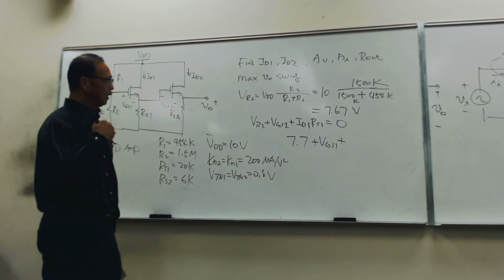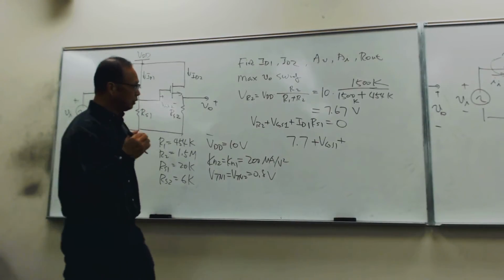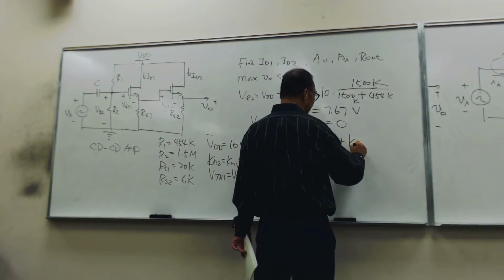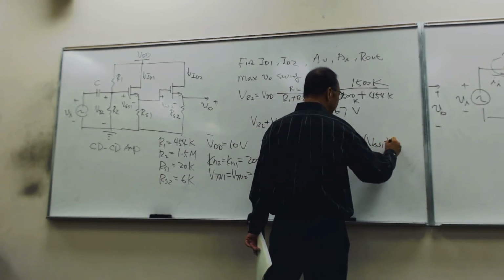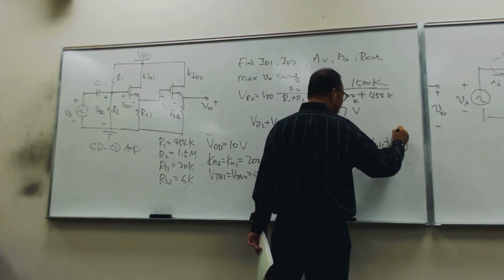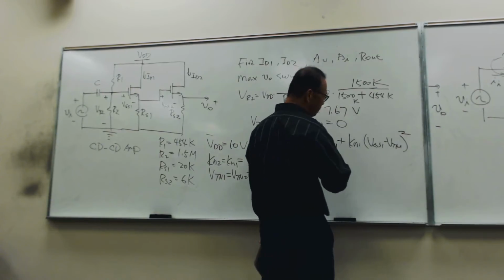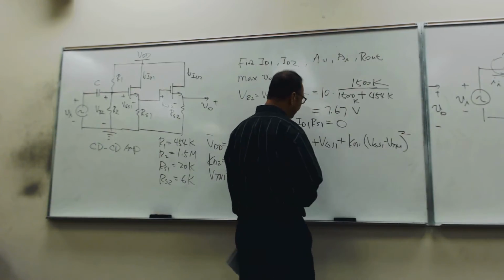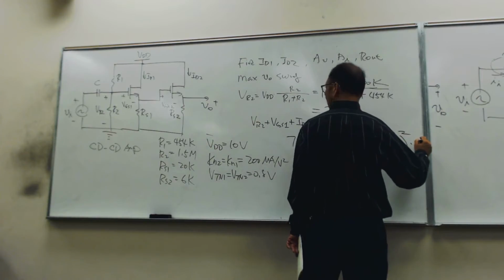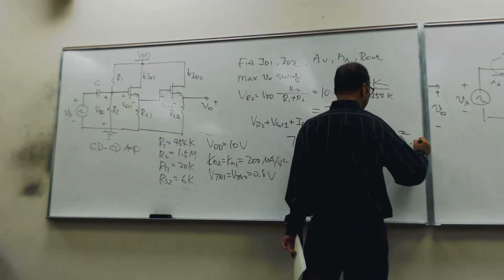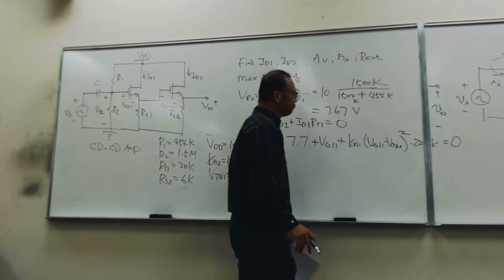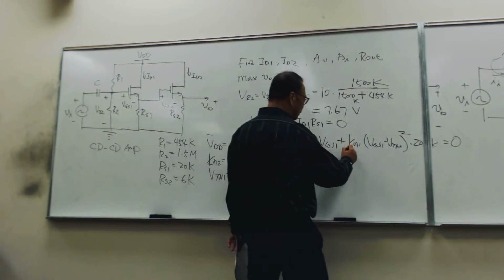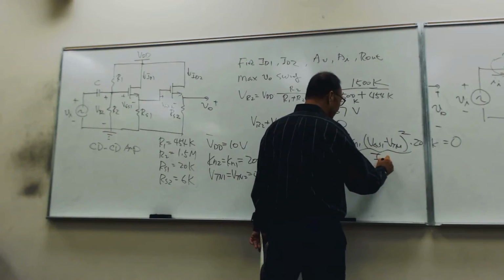I can assume it's the same situation, so ID1 is KN1 times (VGS1 minus VTN1) squared, that is the formula for ID, times RS1, which is given as 20K, equal to 0. Remember, this is ID1.